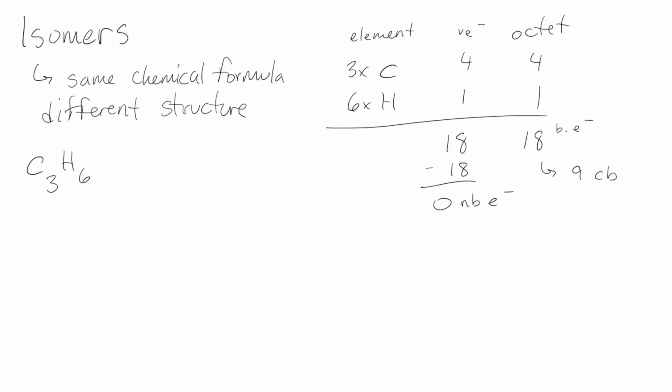So you know that in total, 6 of these covalent bonds are from hydrogen. And so if we subtract off those 6, there are going to be 3 covalent bonds between the carbons. 9 total covalent bonds, 6 of them have to go to hydrogen, so 3 covalent bonds are distributed between the carbons.